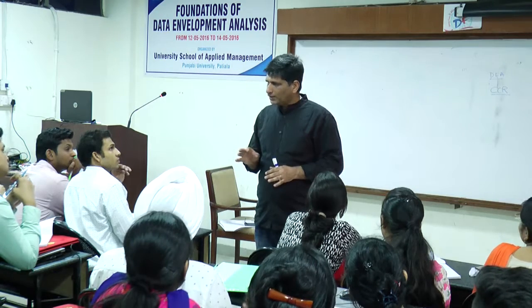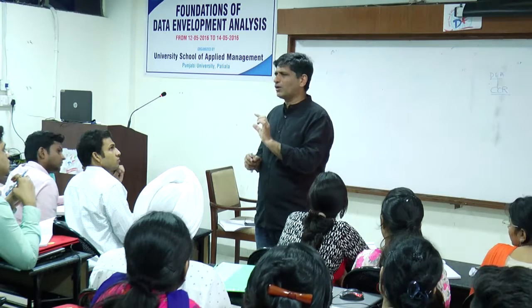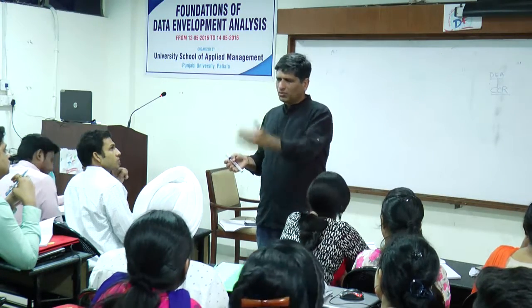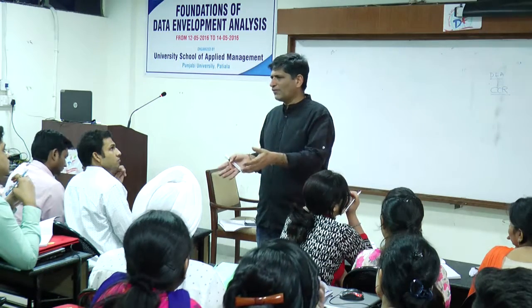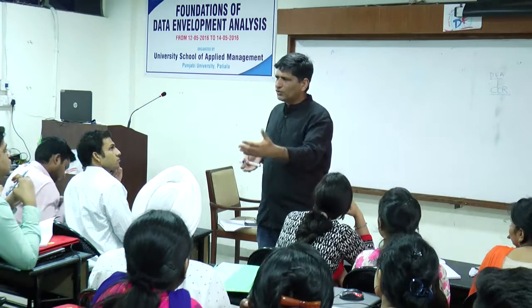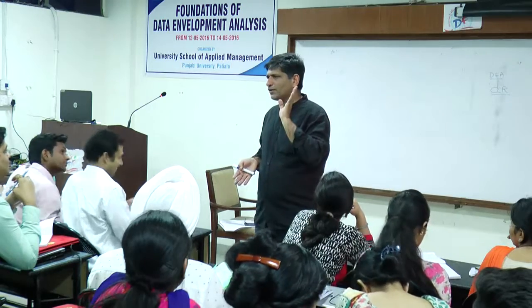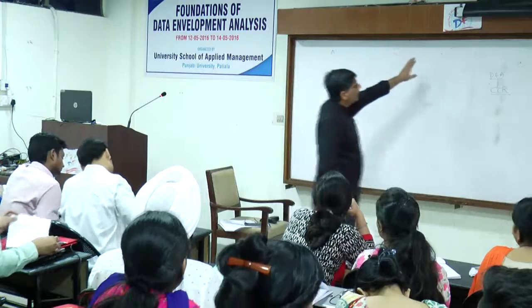So that is why this is only one model. That is not the problem, but if you Google it, you will find not more than 100 articles on FDH. Only one model, 100 articles. But if you go to DEA, you will find so many more.